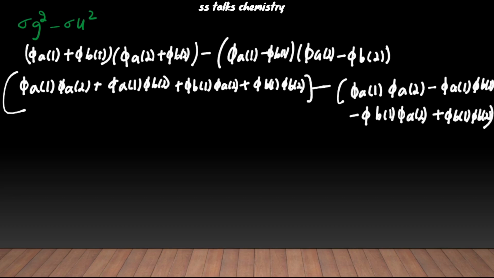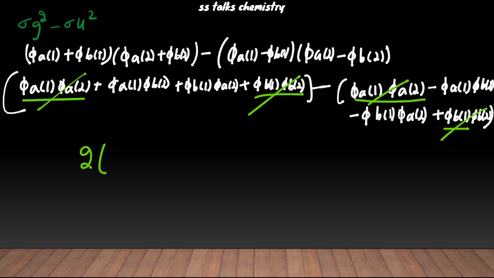This is what we are getting. So here you see this value phi A1, phi A2 is positive. Now the whole of this bracket will be multiplied with the negative sign. So phi A1, phi A2 is negative. So these two will get cancelled out. Similarly, phi B1 into phi B2 is positive, after multiplying with the negative sign it will become negative. So these two also get cancelled out.